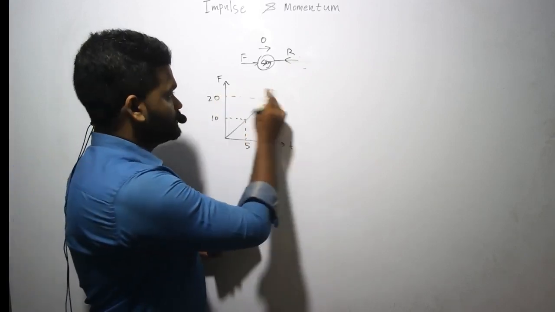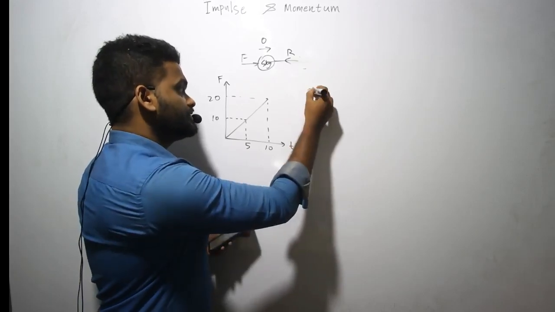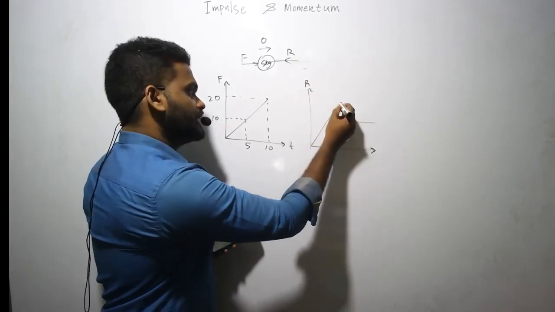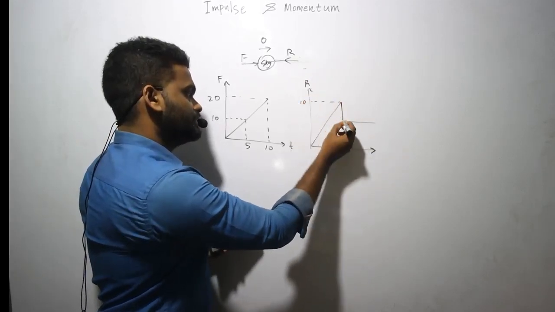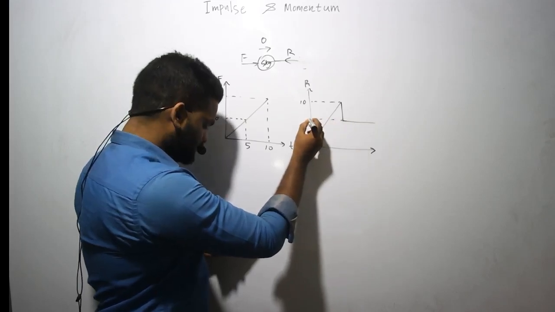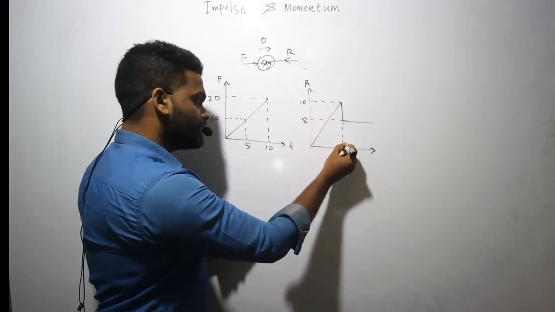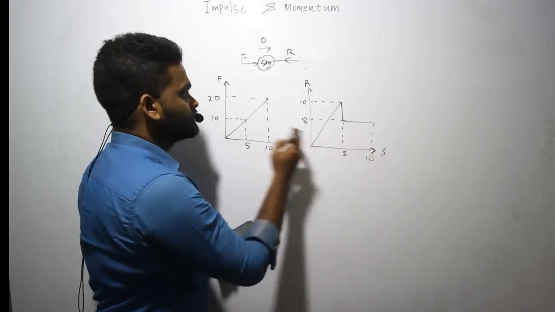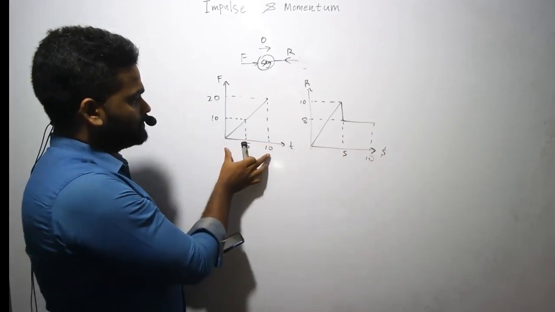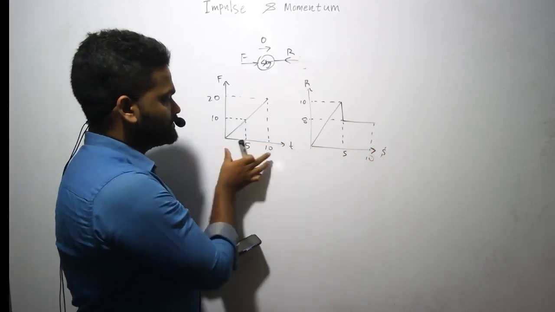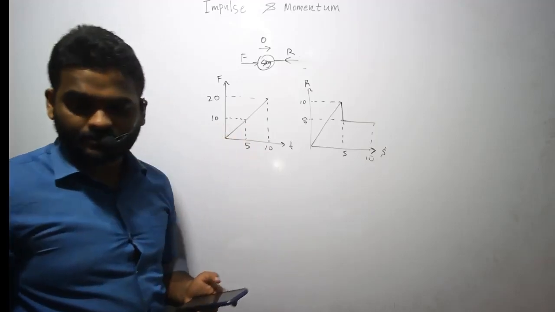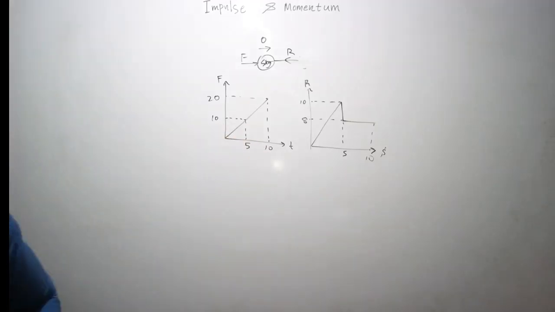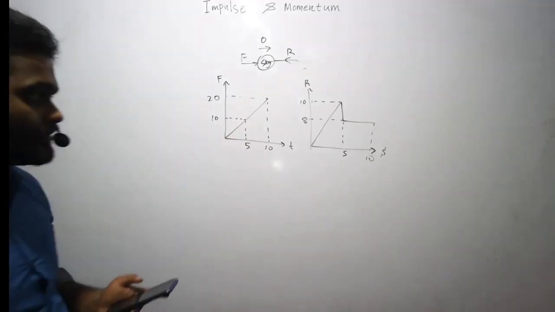Right, so this is then resistive force. It is like this, here 10, here you have 8 and 5 and then 10. So these are the variations. So both have the same time periods up to 10 seconds, right? Up to 10 seconds.